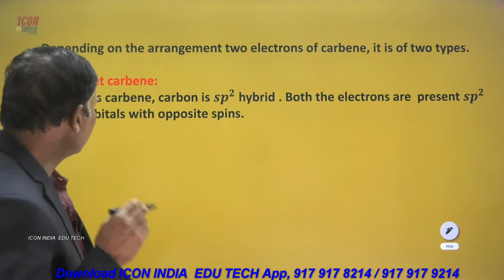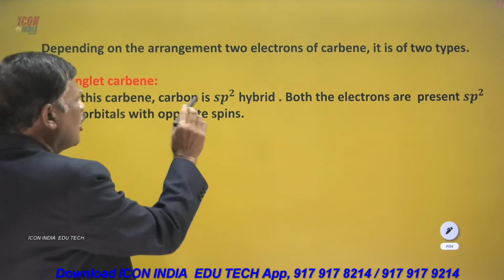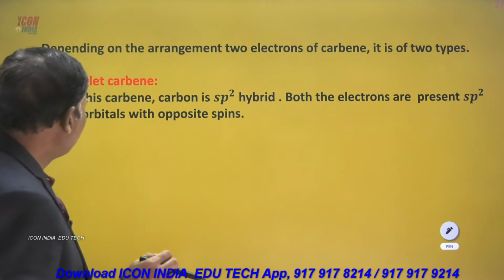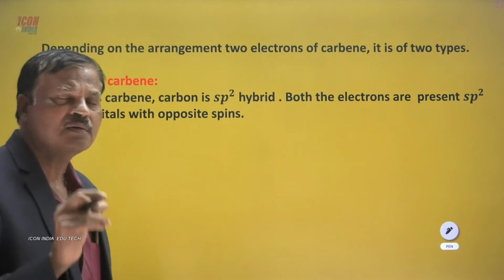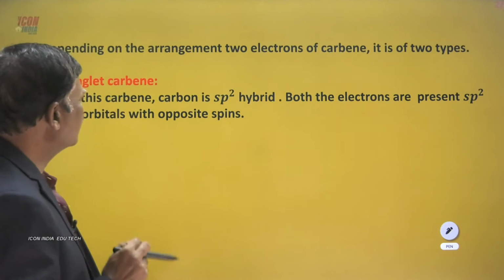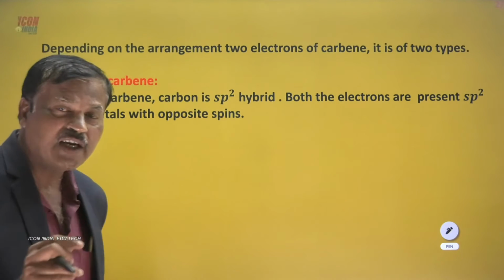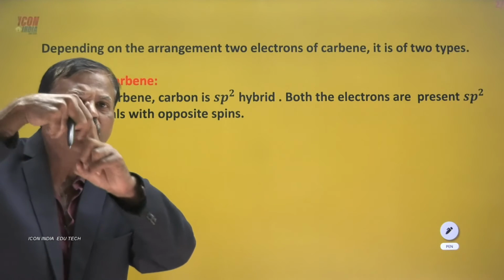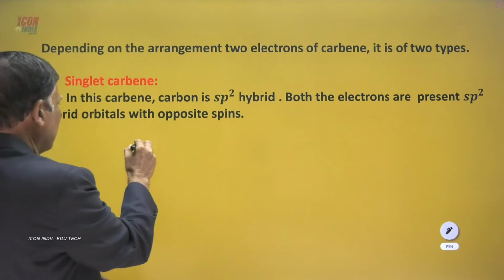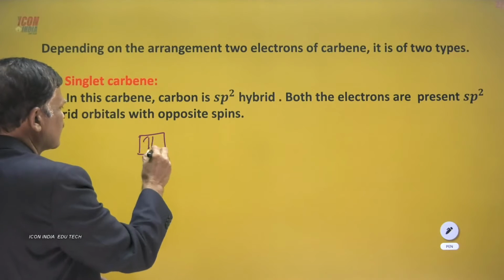Let us see the singlet carbene. In this carbene, both the electrons are in an sp2 hybrid orbital with opposite spins. In the singlet carbene, those 2 electrons are present in the same orbital with opposite spins like this.